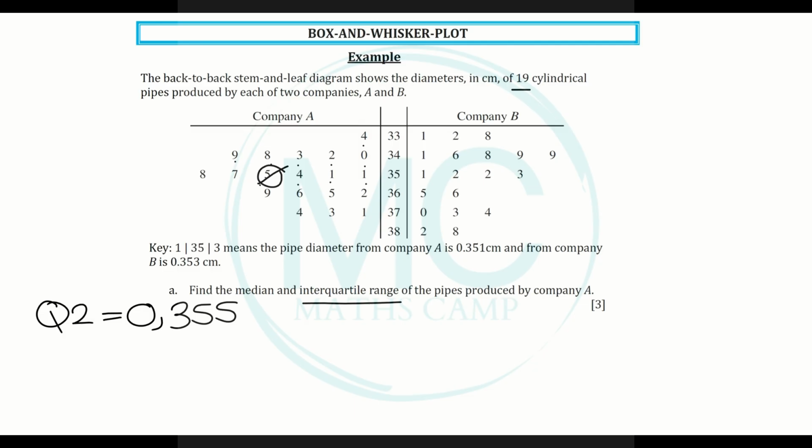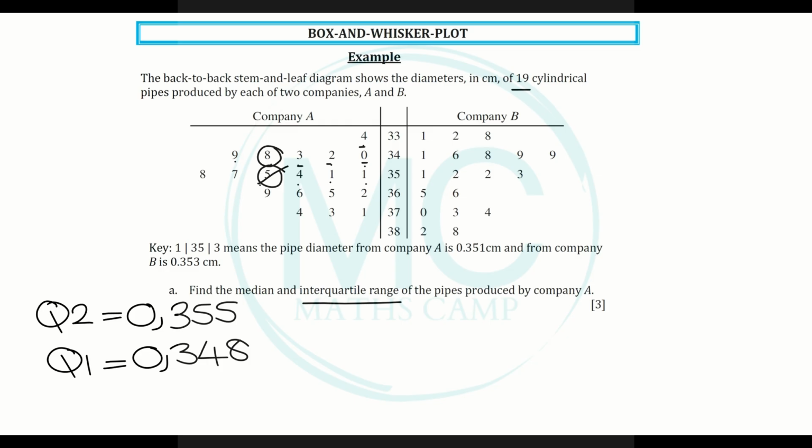So the lower quartile, Q1, will be the term in the 5th position. 1, 2, 3, 4, 5. So we can see that Q1 is equal to 0,348.